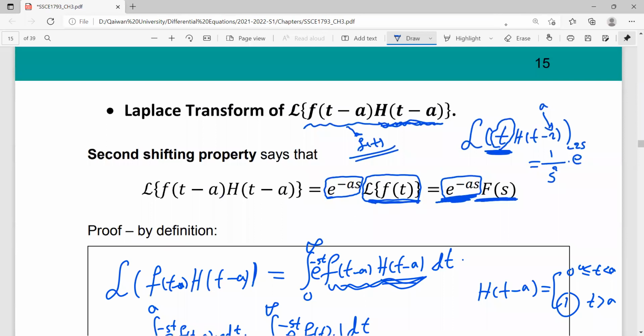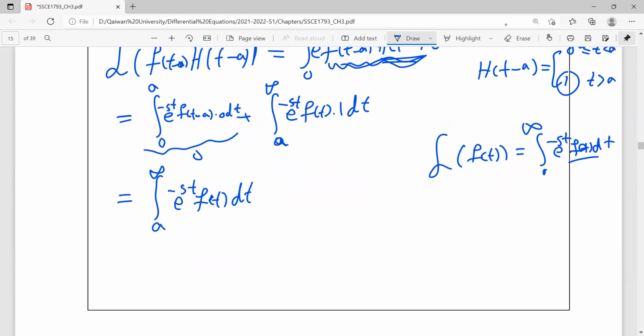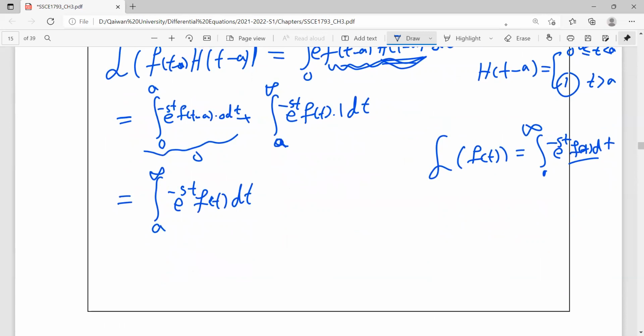As you see here, above we have f of t minus a. This is also t minus a. You have f of t minus a, but we must find the Laplace transform for f of t.